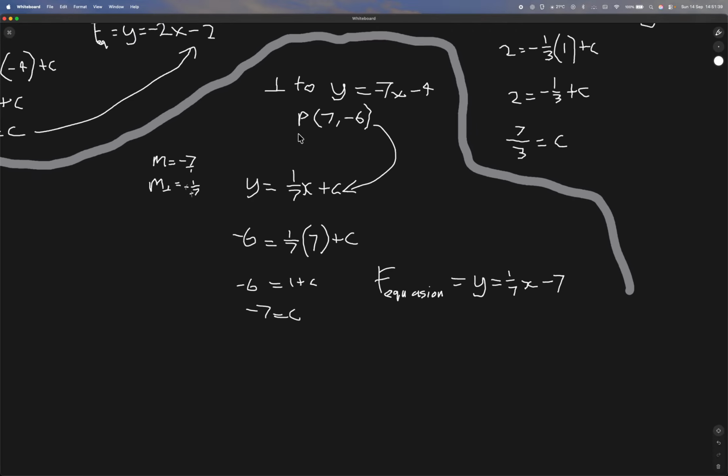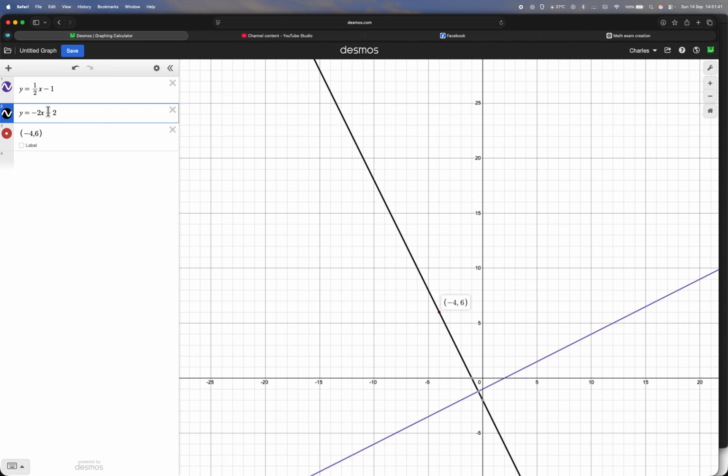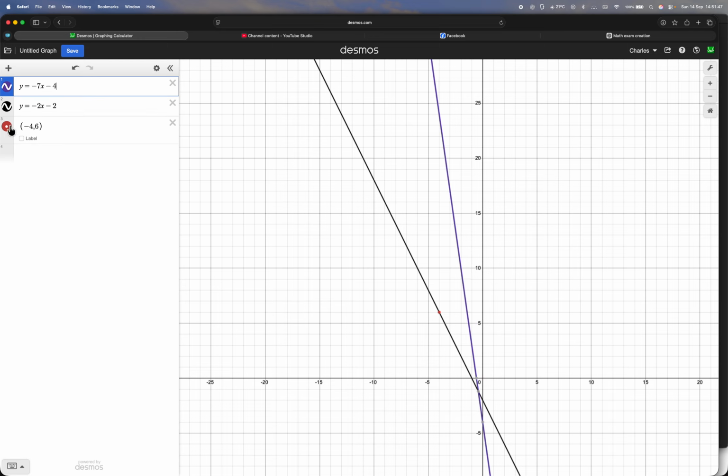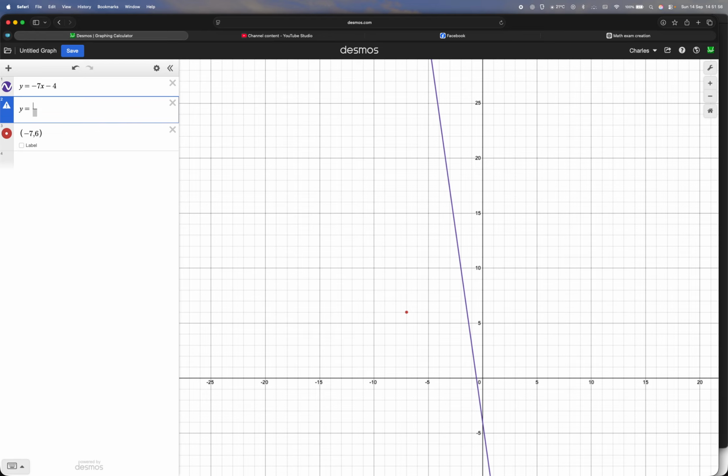Put that into Desmos. So negative 7x minus 4, points are negative 7, 6, and our perpendicular line is 1 on 7x minus 7.